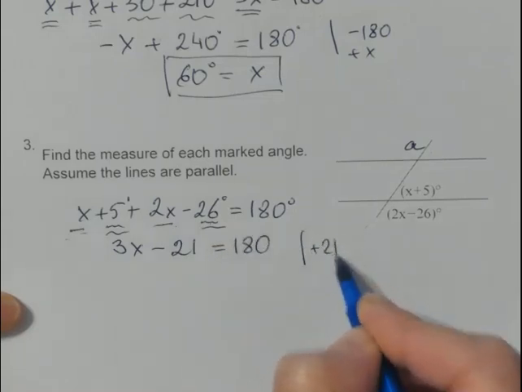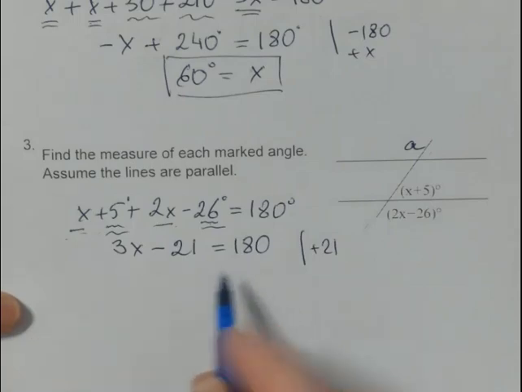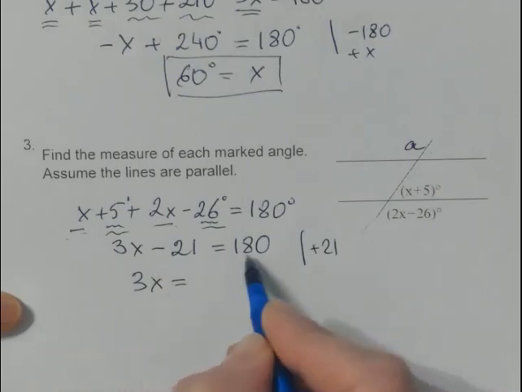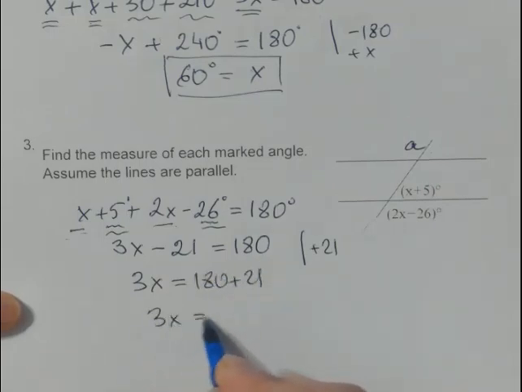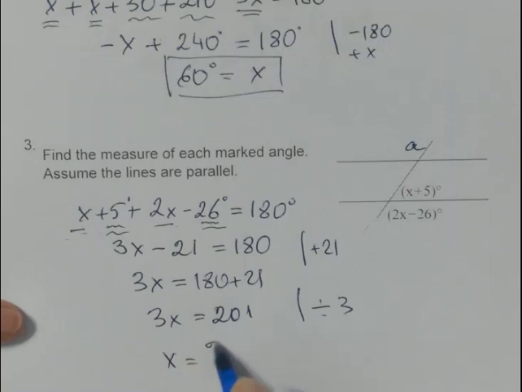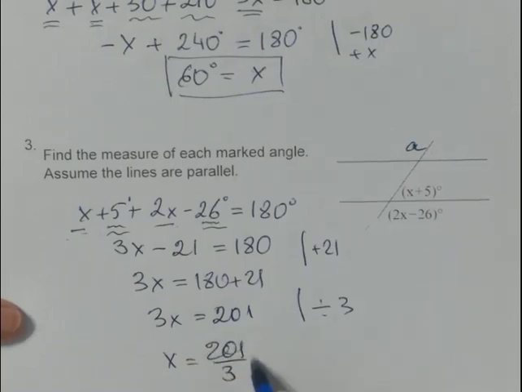Let us add 21 to the left and to the right. 3x equals 180 plus 21. 3x equals 201, and divide by 3. x equals 201 divided by 3, which is 67 degrees.